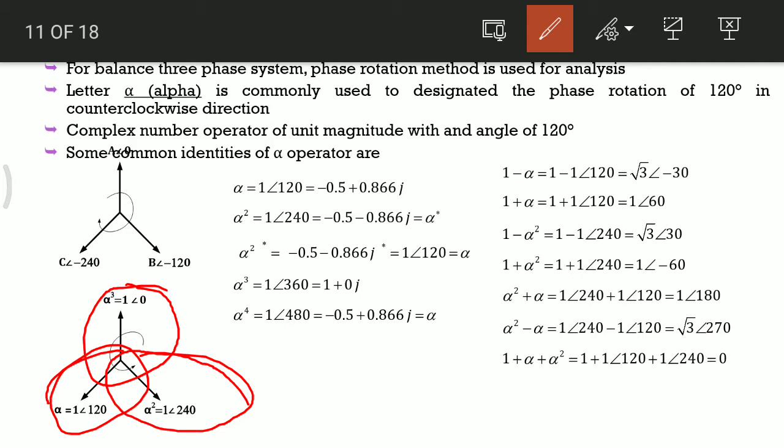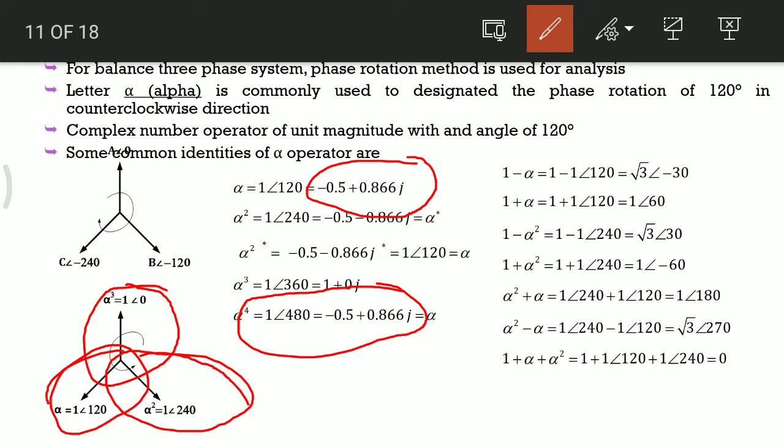Then if we again multiply by alpha, it repeats its value, meaning alpha 4 is equal to alpha. You can see here the value of alpha 4 is the same as alpha. Okay, so we can say alpha 4 is equal to alpha.